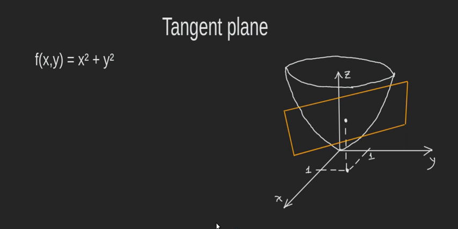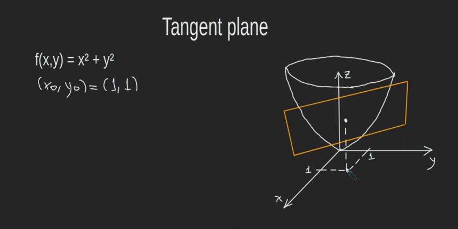So let's start. Let's compute the tangent plane for this function here, passing through the point x0, y0 equals 1, 1, as in the picture here.